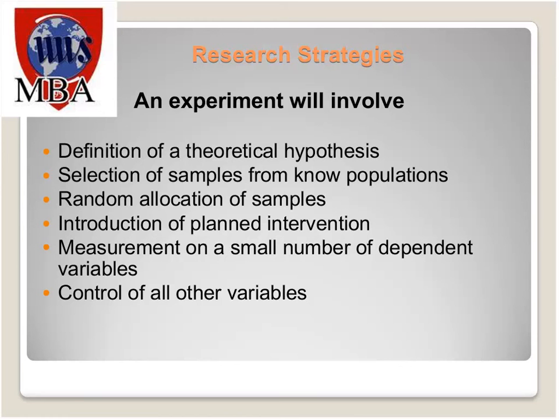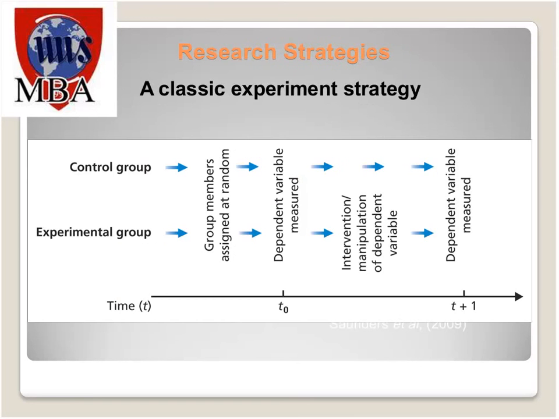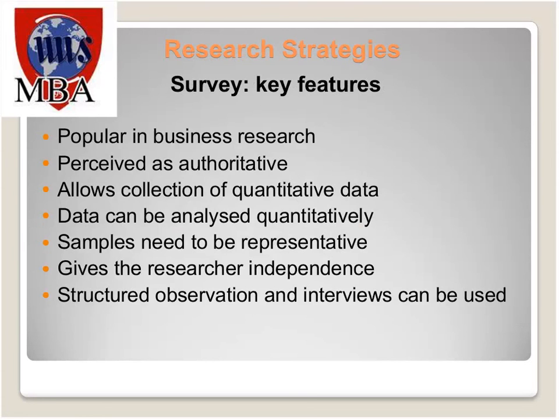You should have a hypothesis, and you should select the sample, and then you should have a random allocation of the sample, and then understand the intervention between them. All right, and this is a classic experiment strategy. This is the example that you can see.